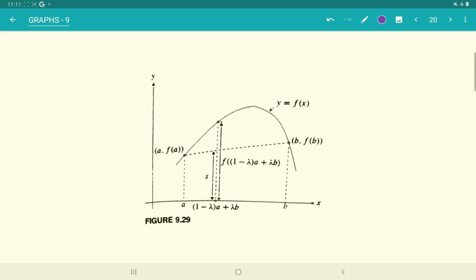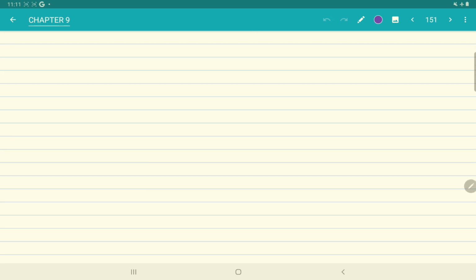So if you have x1, y1 and x2, y2, your formula would be y minus y1 is equal to the slope times x minus x1, and you can easily calculate the slope. Slope is nothing but y2 minus y1 divided by x2 minus x1. So that's exactly what I do here. Let me write that equation.